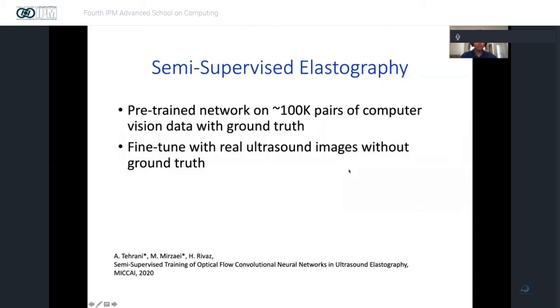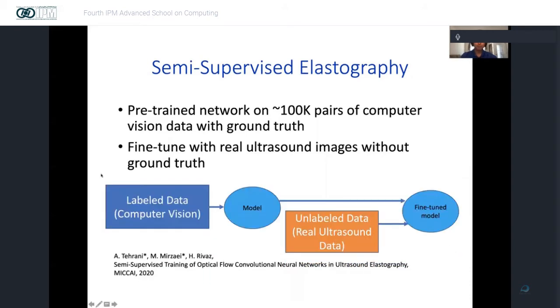So based on that, very recently in MICCAI 2020, we proposed a semi-supervised elastography method where we use a pre-trained network in the computer vision domain, and then we fine-tuned that network with real ultrasound images without ground truth.